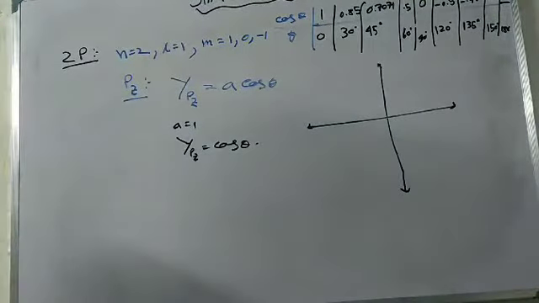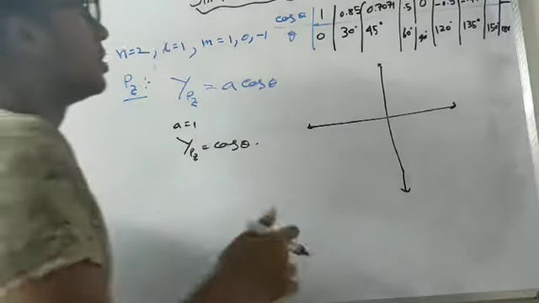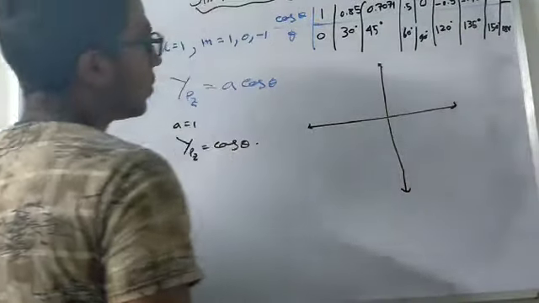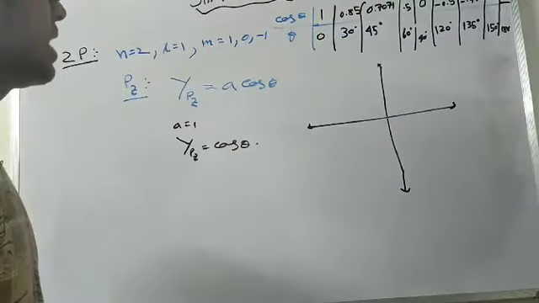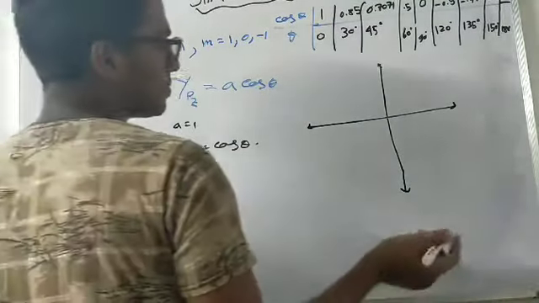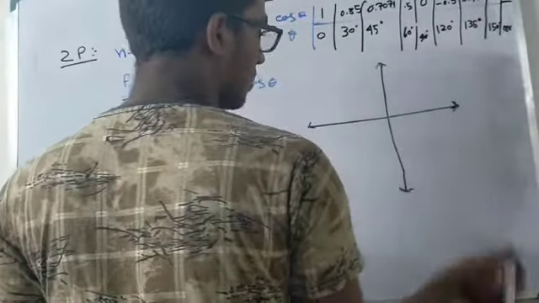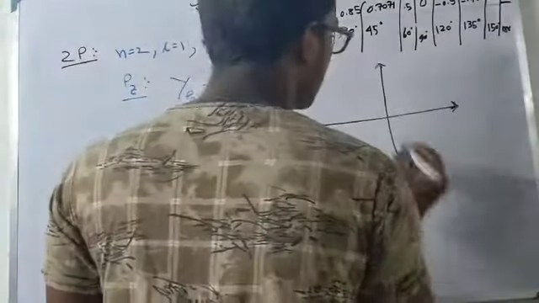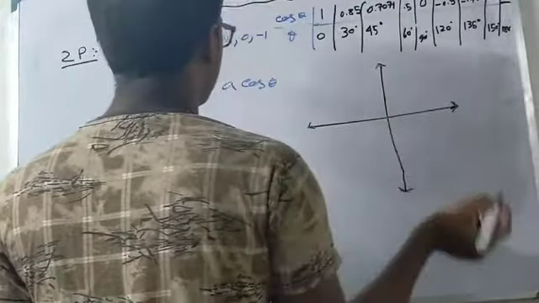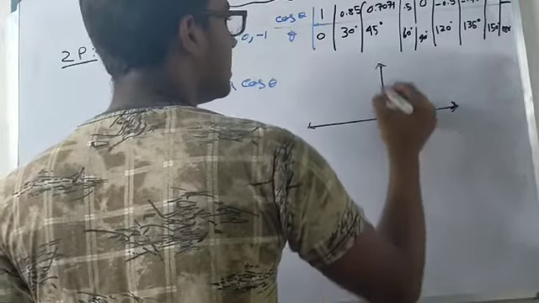Now if I start drawing the graph, when the angle is 0, this is the 0 angle.